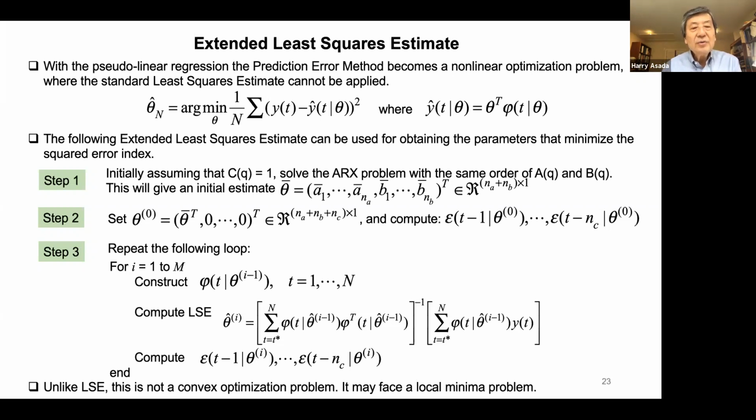With the pseudo linear regression, the prediction error method becomes a non-linear optimization problem where the standard least squares estimate cannot be applied, because this is not actually pure linear regression.